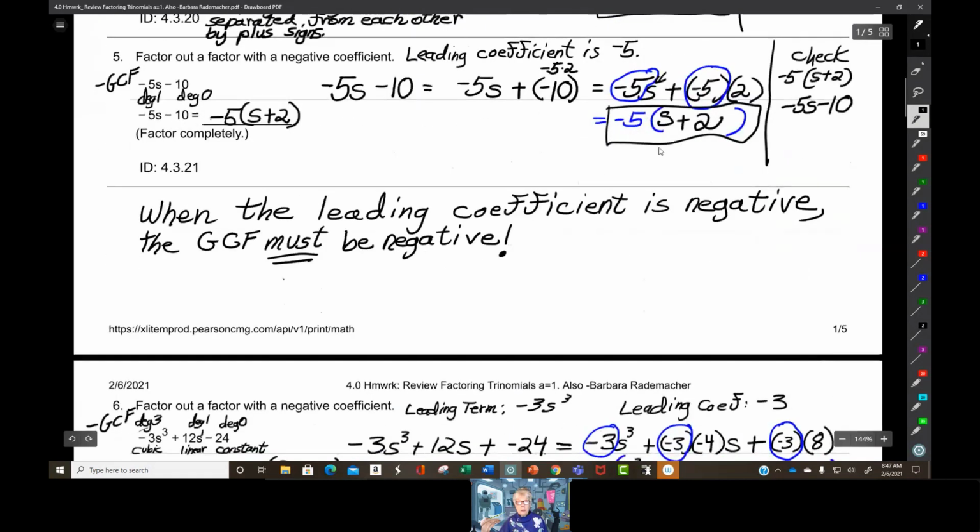That's why I can put in and take out a plus sign when I'm dealing with terms. The invisible plus signs are really there. So it's a matter of rewriting this negative 5s minus 10 the way it really is. There is a plus sign there.